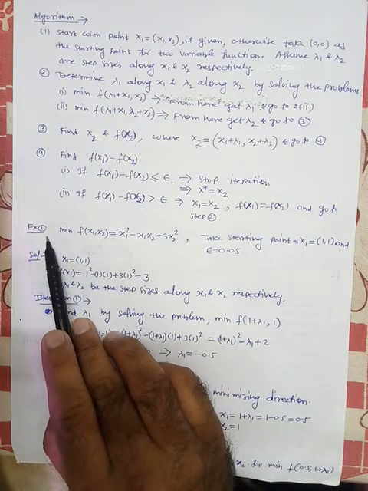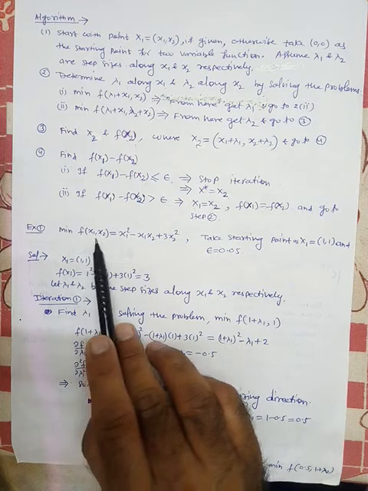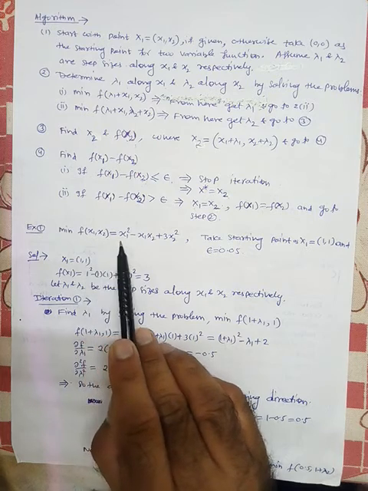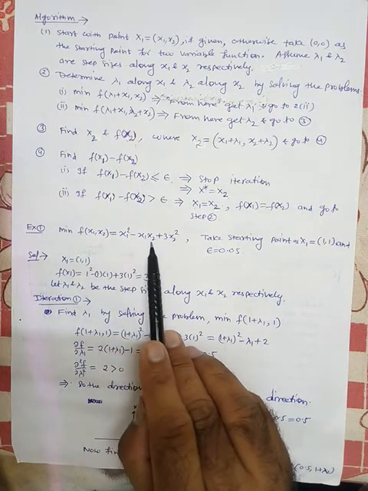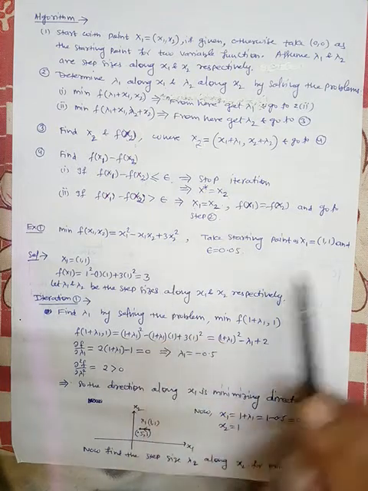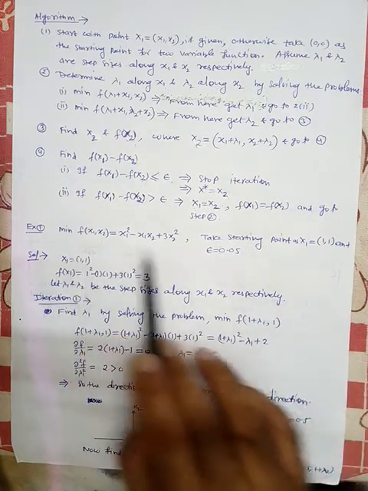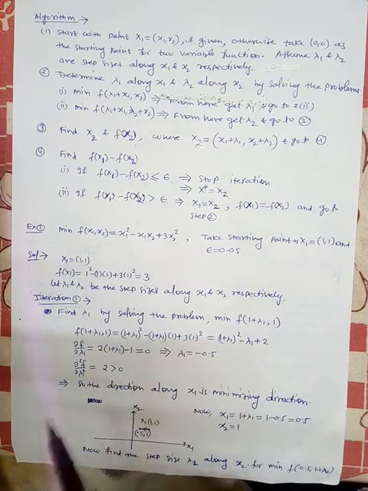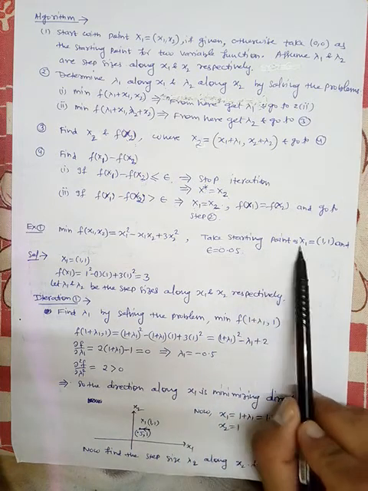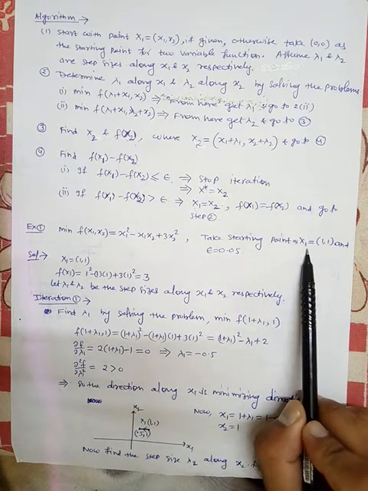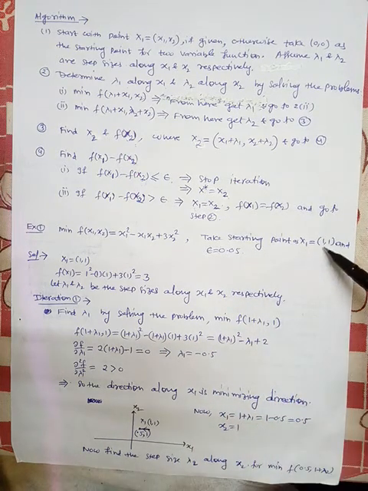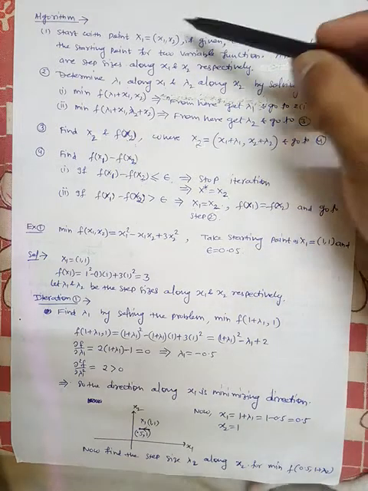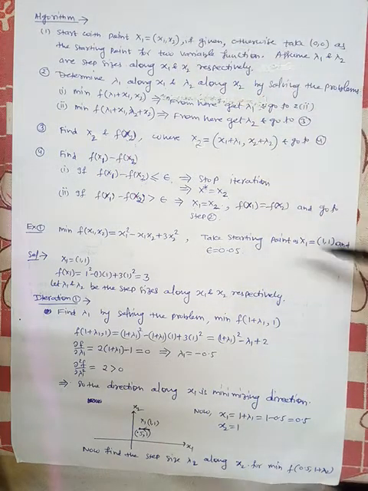Example number 1. Minimize f of x1, x2 equals x1 square minus x1 x2 plus 3 x2 whole square. This is a problem of two variables. Take the starting point as x1 given as (1, 1), that means small x1 is 1, this point (1, 1).